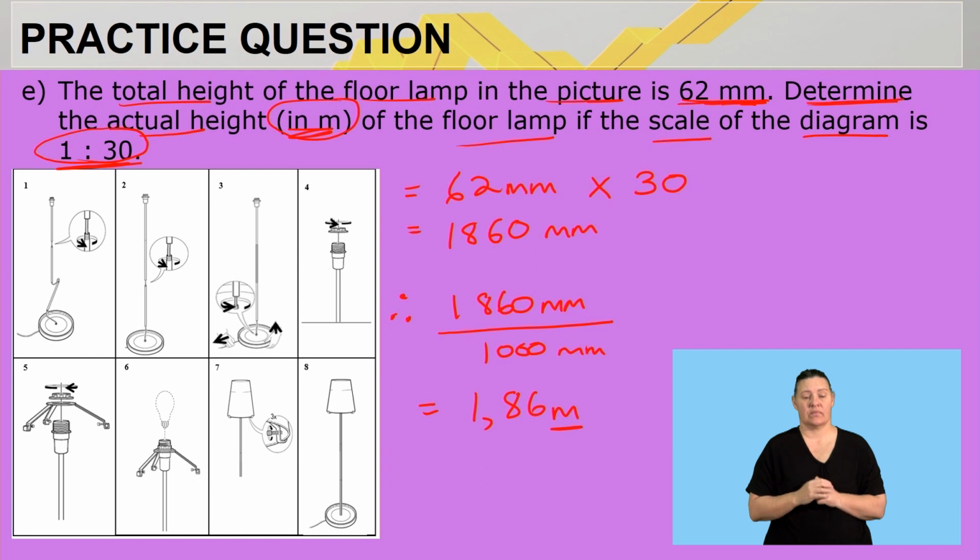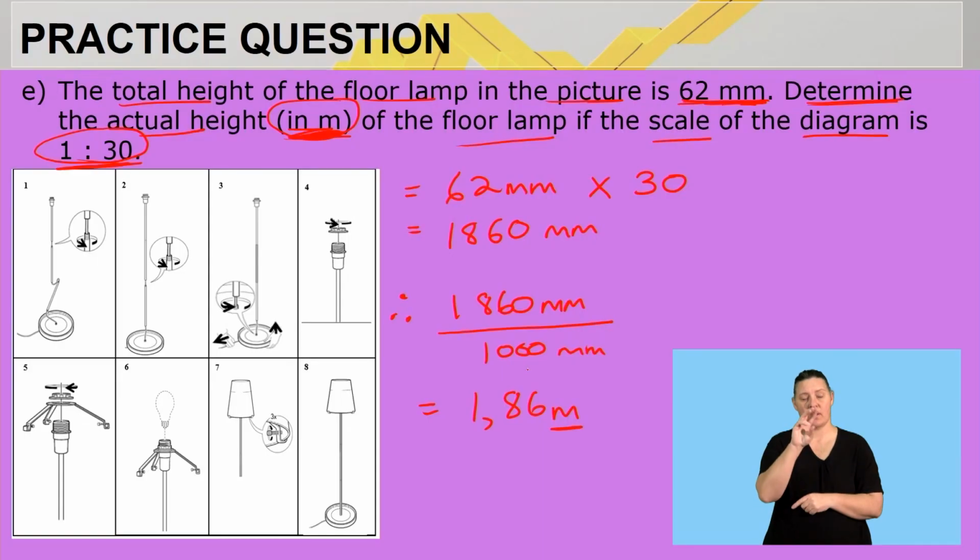I started with the height of the lamp on the picture, 62 millimeters, and multiplied that by the scale of 30, ending with 1,860 millimeters. But we must determine the height in meters. I asked myself, how many millimeters in a meter? That is 1,000 millimeters equals 1 meter. Therefore I used that conversion factor by dividing 1,860 by 1,000, and I ended with 1.86 meters. Guys, I hope that's clear to all of you.